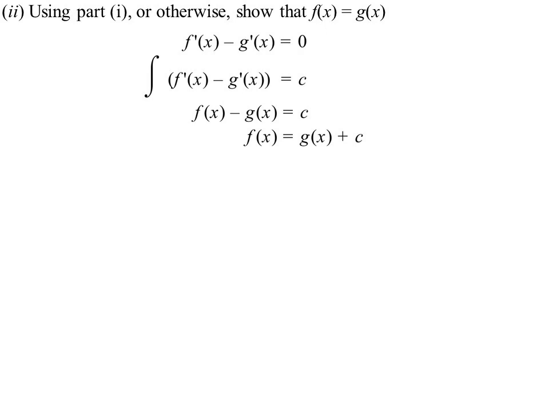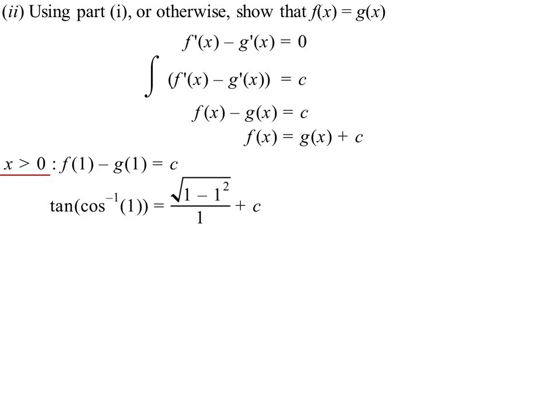So whatever function f(x) is, when I integrate the derivative, I'm going to get that function minus whatever the function is, differentiated, I'll get g(x). I know that that is equal to the constant. So f(x) does equal g(x) plus some constant. Hopefully that constant is 0, because if it's 0, then we can say they're equal.